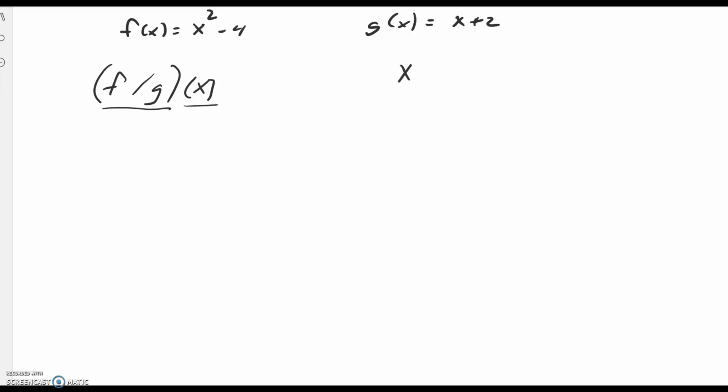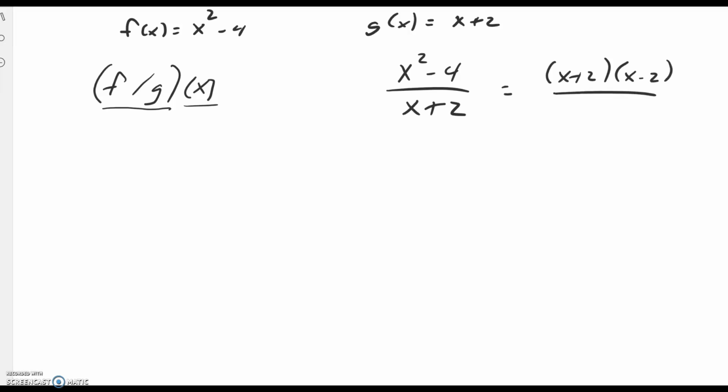So this is f divided by g. And that's one way to show the division, but we know we're supposed to simplify. So if we factor the top, the bottom shares a like factor, and so we have x minus 2. So f divided by g, written as a function of x, would be x minus 2.